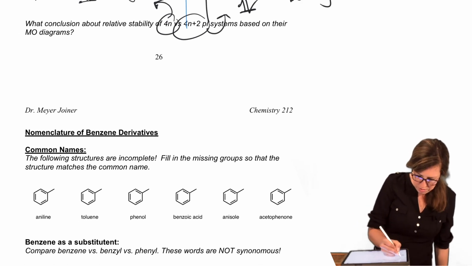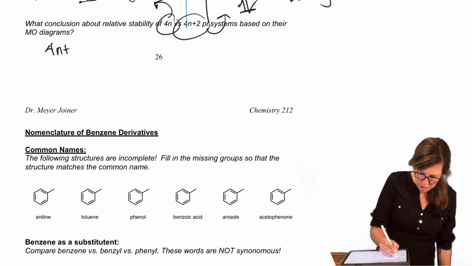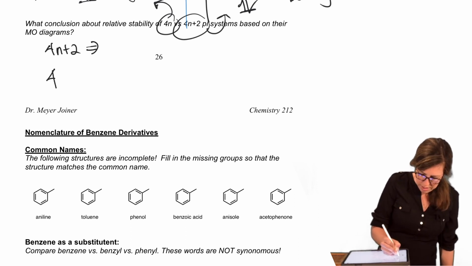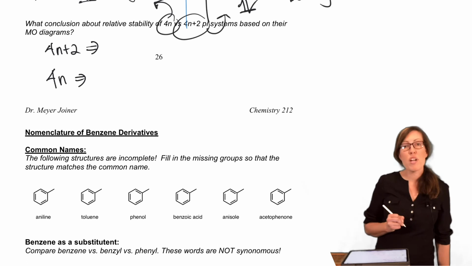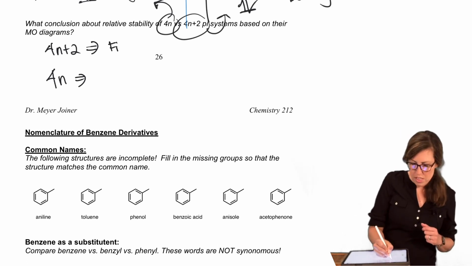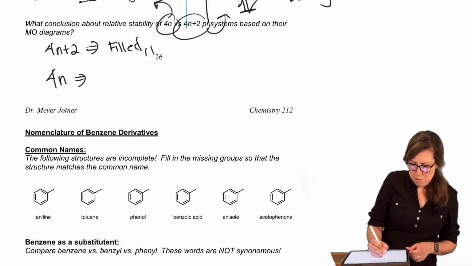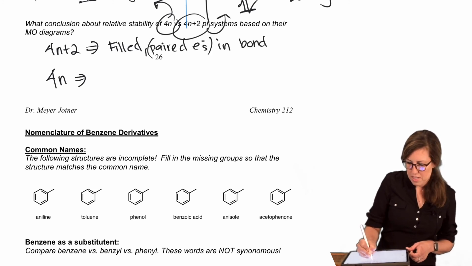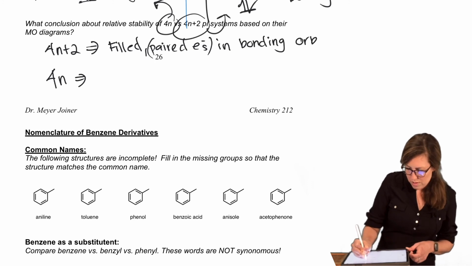Yes, black will do, I guess. So 4n plus 2 versus 4n. In 4n plus 2, we observed filled, paired electrons, in other words, in bonding orbitals only.